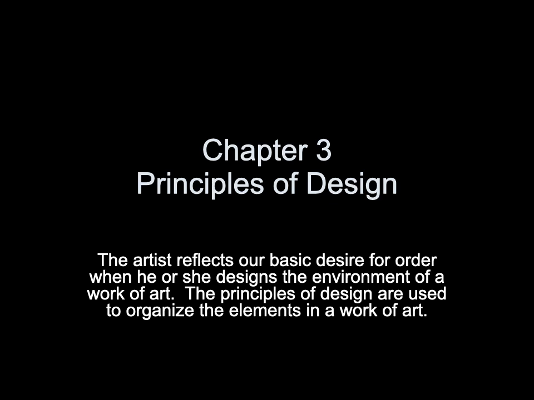Welcome to Art Appreciation. This is Chapter 3, The Principles of Design. In the previous chapter, we looked at formal elements: line, shape, color, etc. The line, shape, color, value, these types of things are manipulated to get a certain effect with the principles of design.